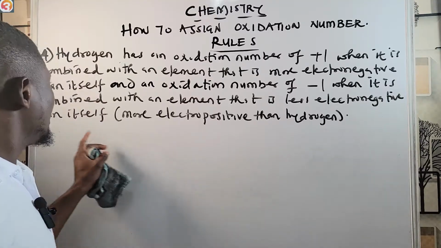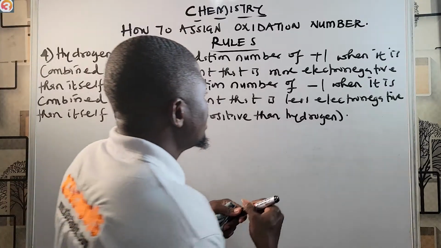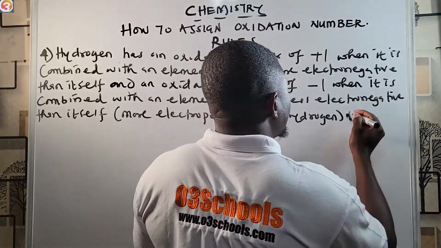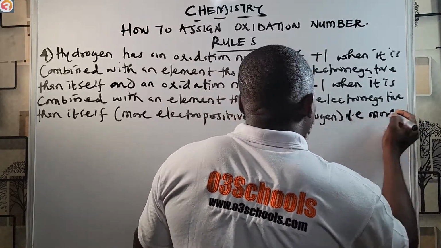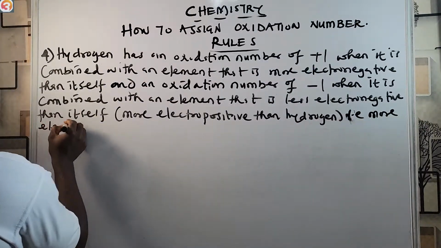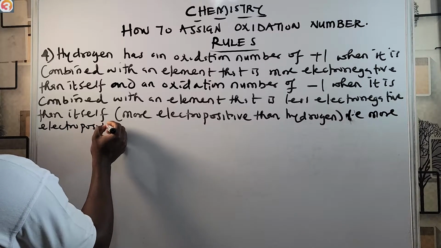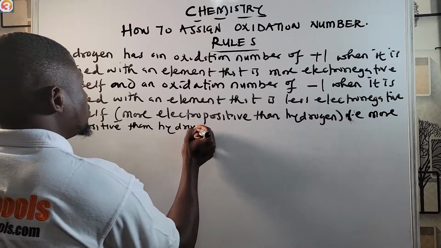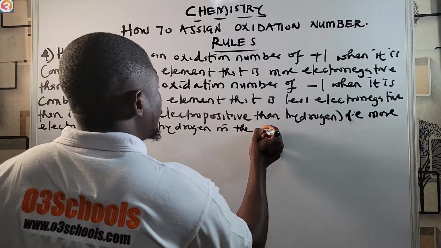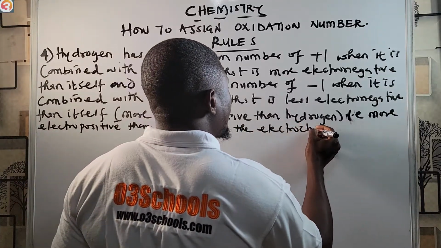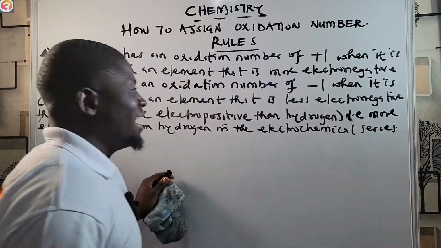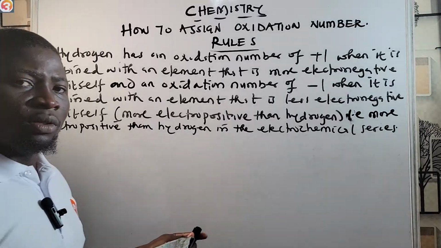All right, so that is what I'm trying to talk about here. That is, elements more electropositive than hydrogen in the electrochemical series. An example of such elements is sodium.